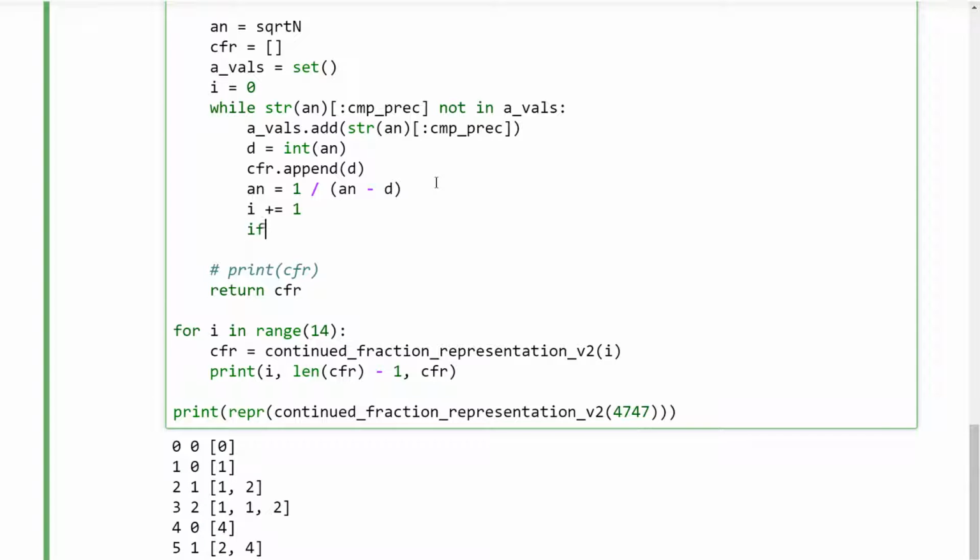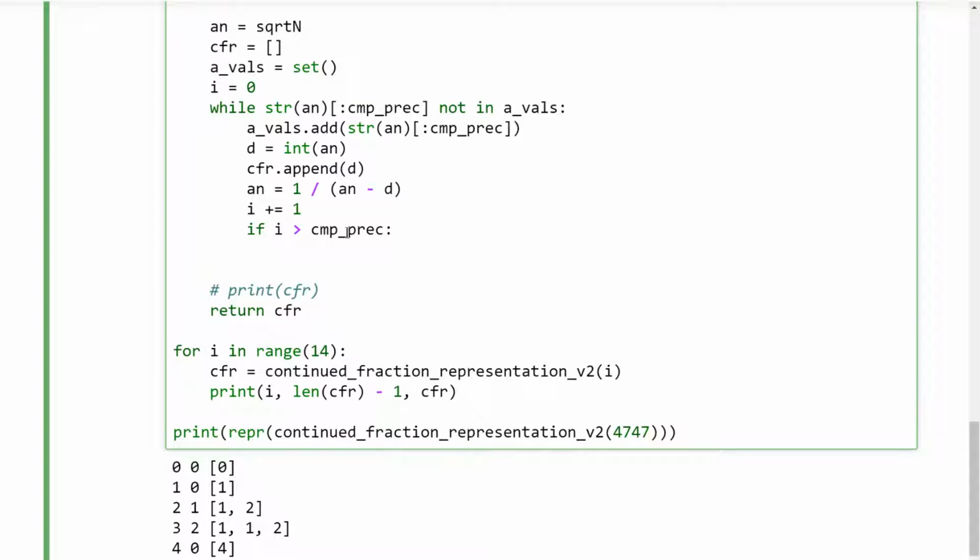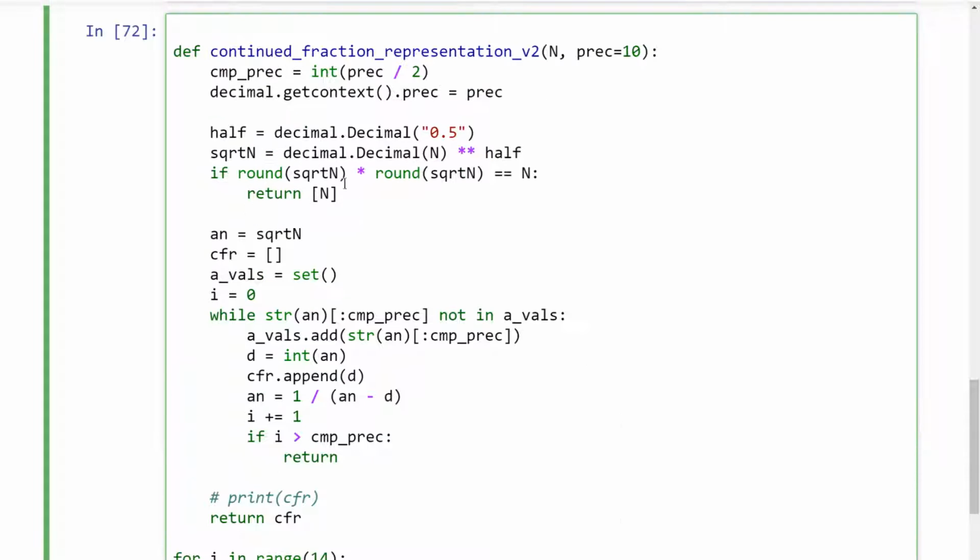So if i is greater than something related to precision, so let's do, I guess, CMP prec for all I care. Then we do return and we try again with prec times 2.